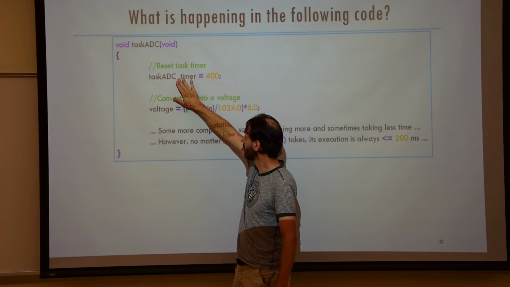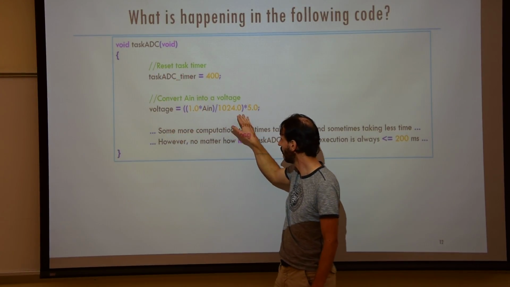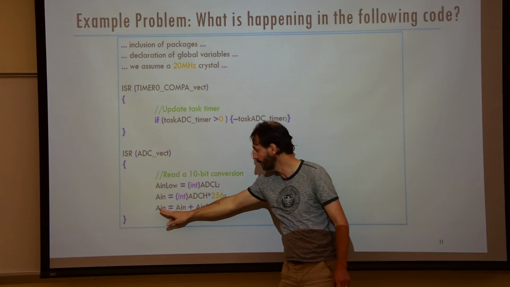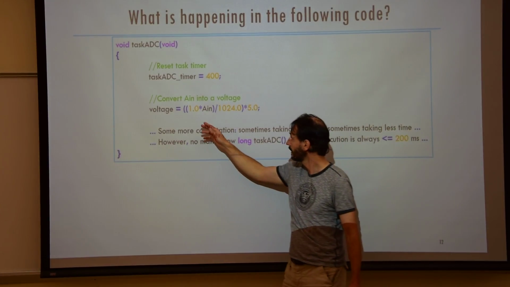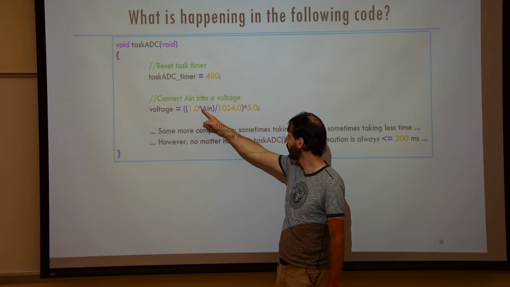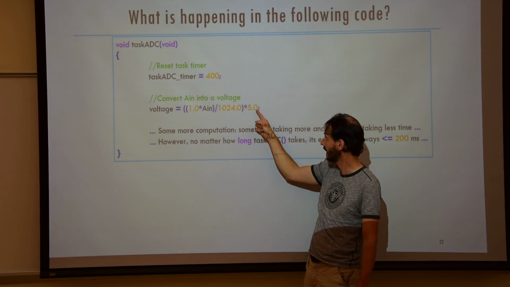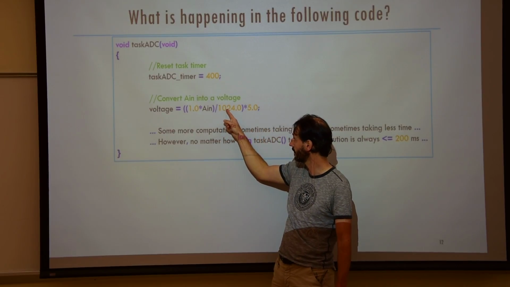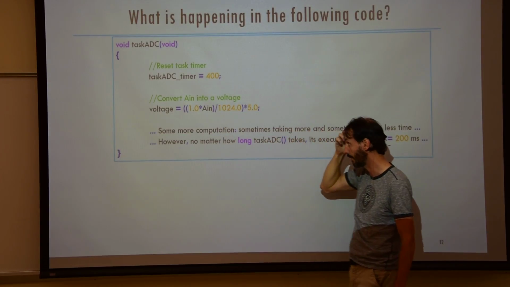Then this task will take the integer representation that you computed at that particular moment in time. So every 400 milliseconds, say, you convert it into an actual amount of volts. We have a reference voltage of 5 volts, and 10 bits, so 2 to the power 10 levels, so we divide this by 1024.